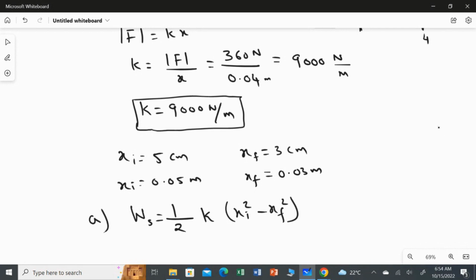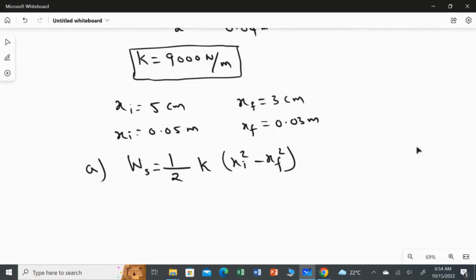For the first part of the question, I am going to substitute these values here. The k value we just found is 9,000, so half multiplied by 9,000 multiplied by xi square, which is 0.05 square, minus 0.03 square. So let's see what the answer is.